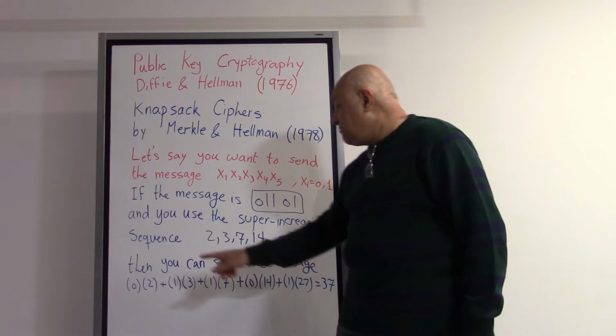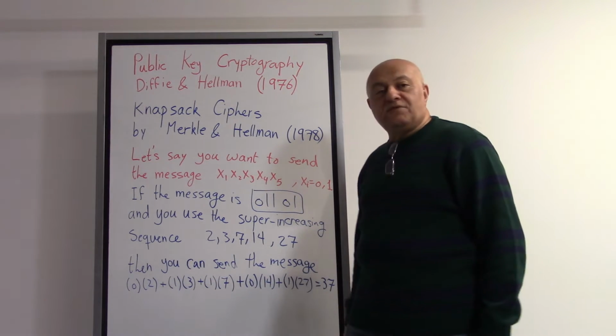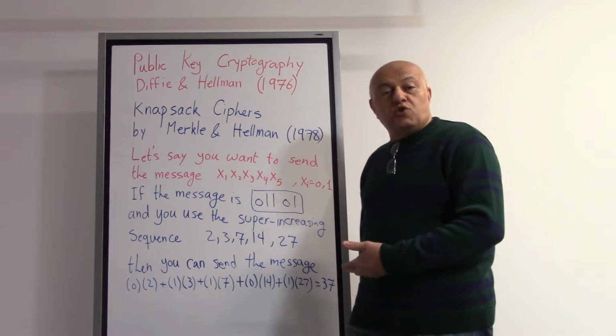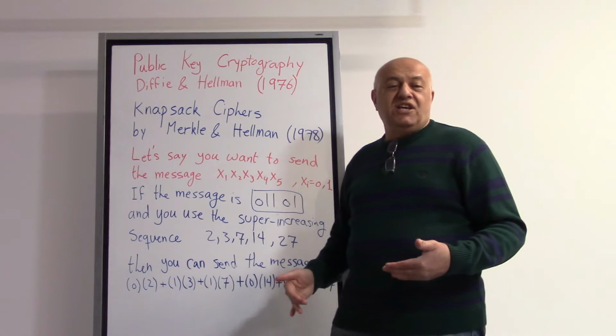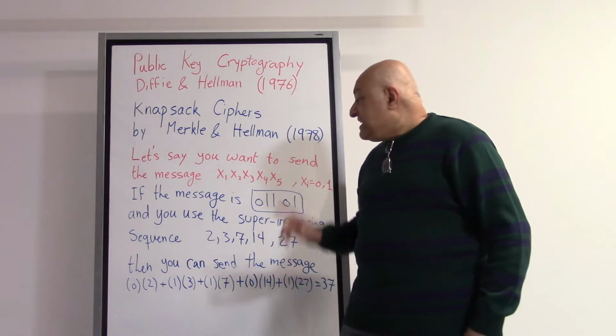You get this sum: 0 times 2 plus 1 times 3 plus 1 times 7 plus 0 times 14 plus 1 times 27. The answer is 37. So basically the message that you want to send is this 37.